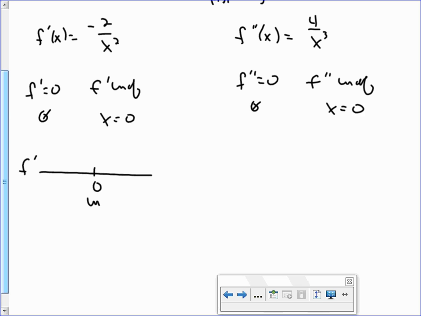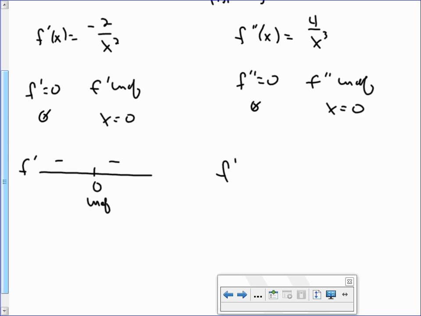And I like to just remind myself that the derivative is undefined here. It's not flat. People make a mistake when they draw the graph. It is still a place where the graph can change from increasing to decreasing. Now, in this case, since the denominator is x squared, it's always positive, and the numerator is -2. So this graph is always decreasing, except at 0 where it's undefined.